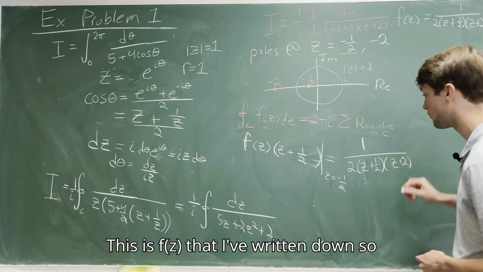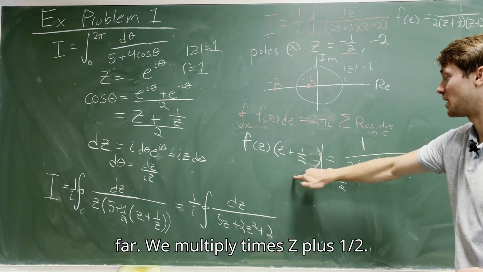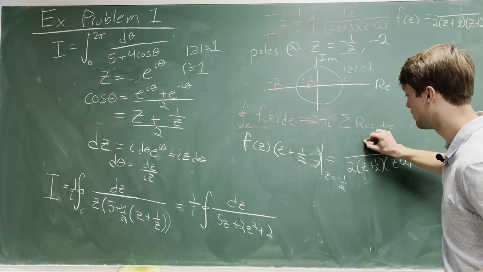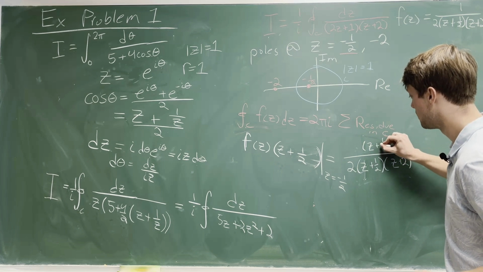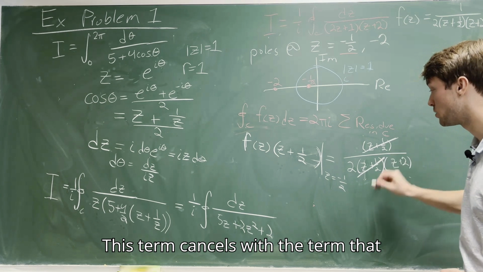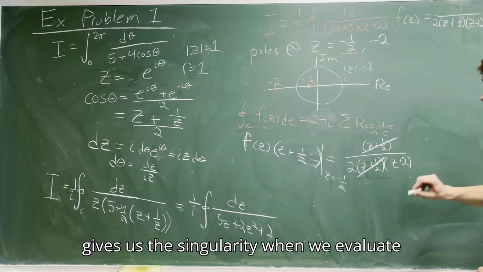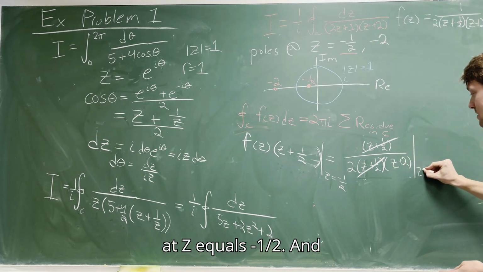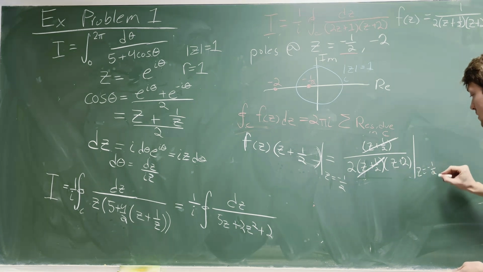This is f of z that I've written down so far. We multiply by z plus 1/2. This term cancels with the term that gives us the singularity when we evaluate at z equals minus 1/2.